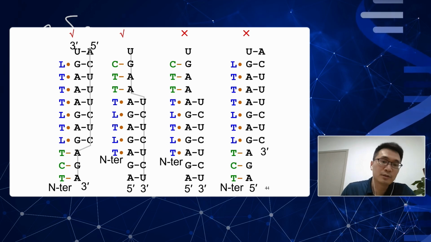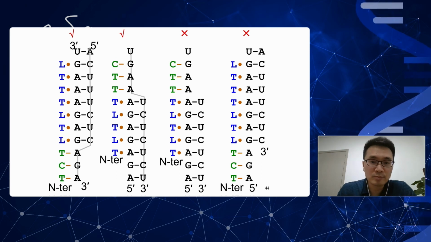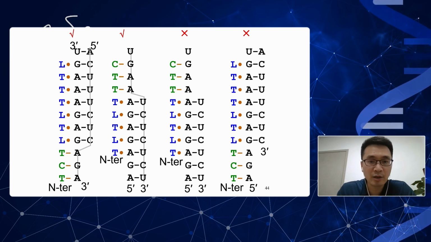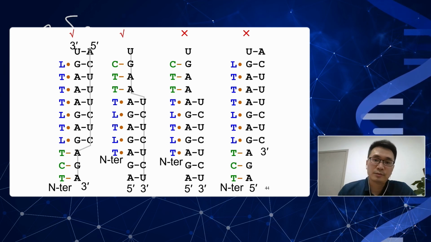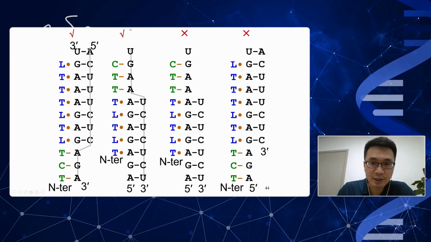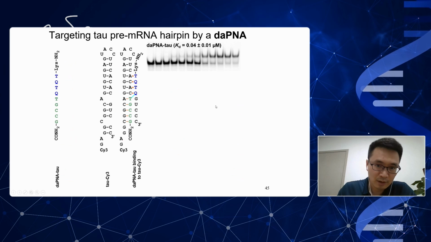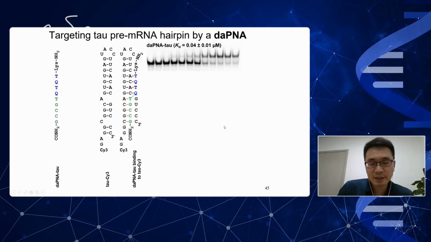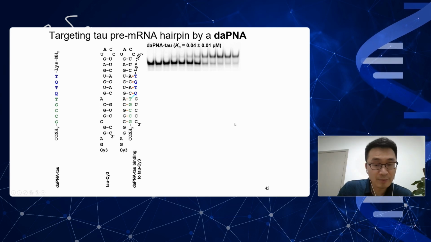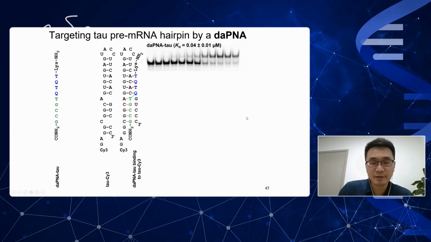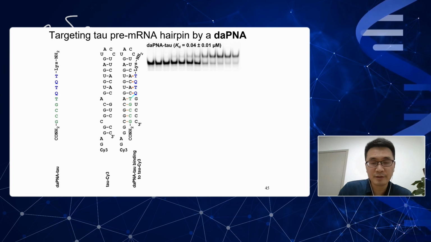That means the DAPNA can form a parallel triple helical structure and an anti-parallel duplex structure, so it's orientation and sequence dependent. This DAPNA scaffold is very promising in recognizing complex secondary structure within a large RNA, including virus RNA.